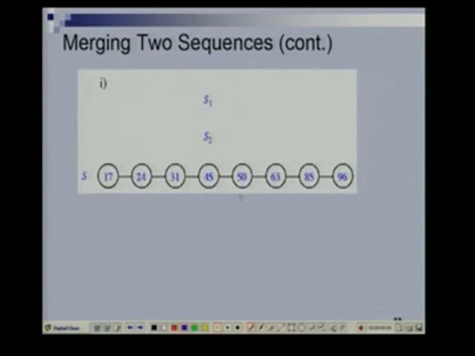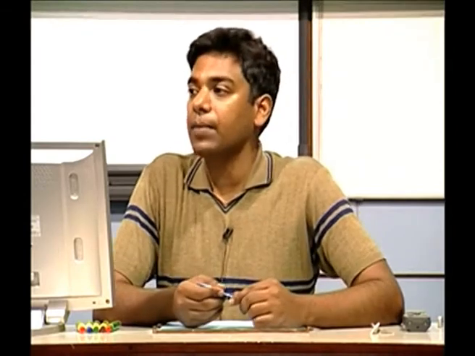So you all understand this. In the worst case, why do you require L plus m comparisons? You might require as many as L plus m comparisons, right.